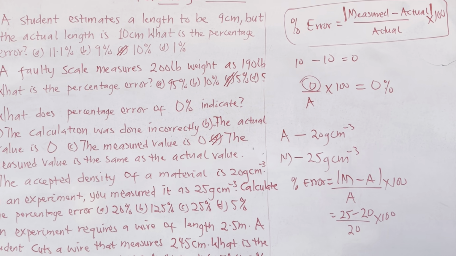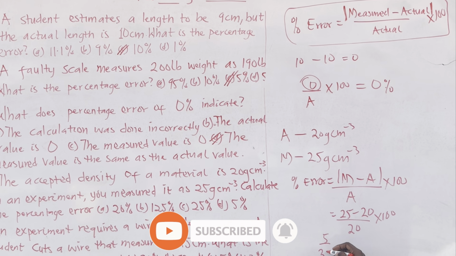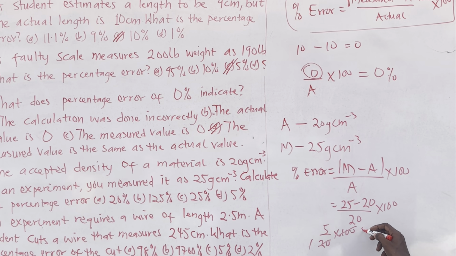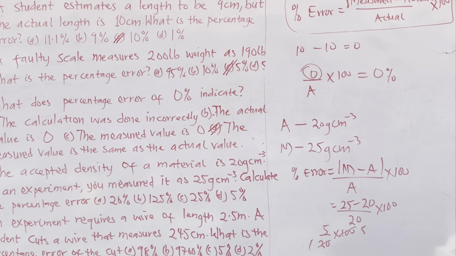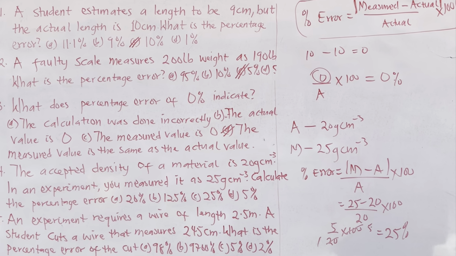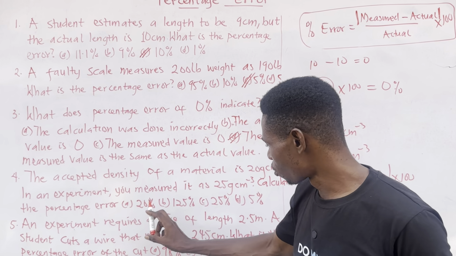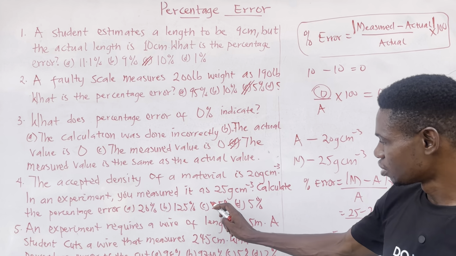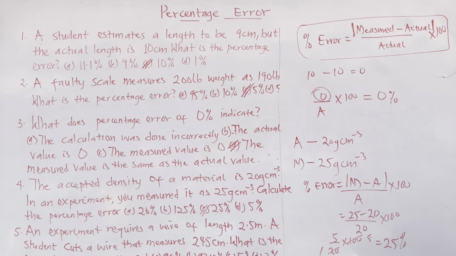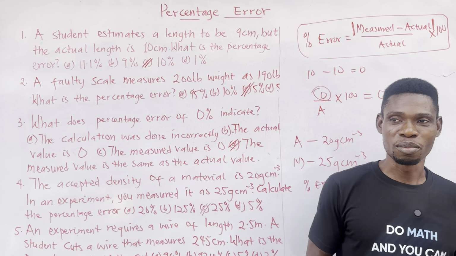So what we'll have here is 25 minus 20 is 5 over 20 times 100. So 20 here 1, 20 in 100, 5. And 5 multiplied by 5, that's 25. So 25% is our percentage error. So for number 4, our correct answer is option C, 25%.